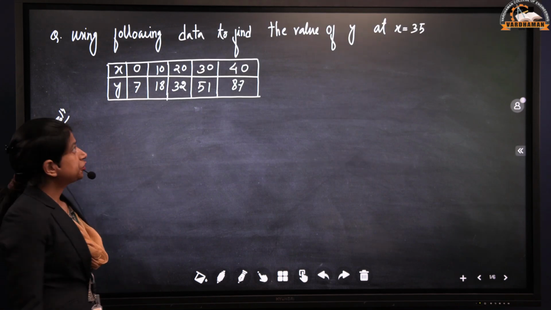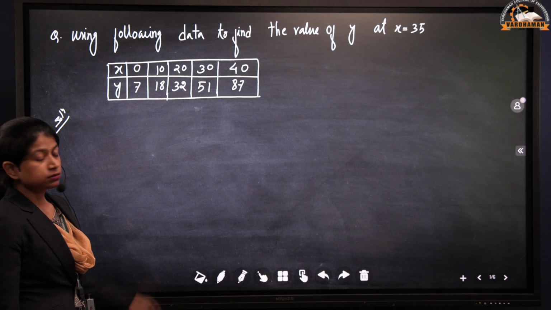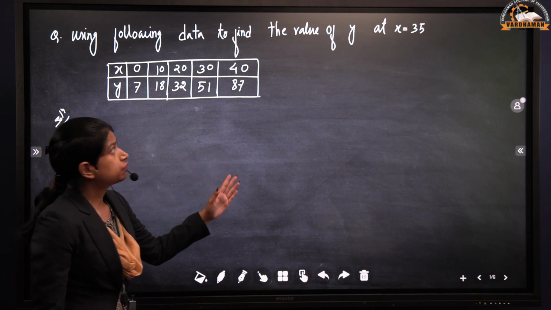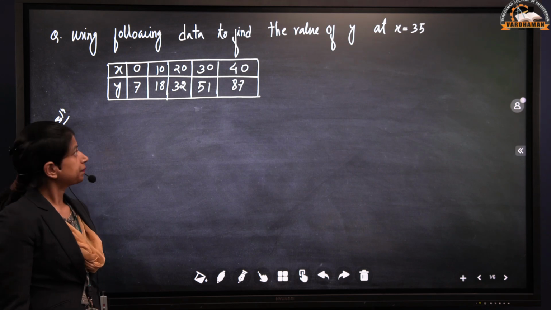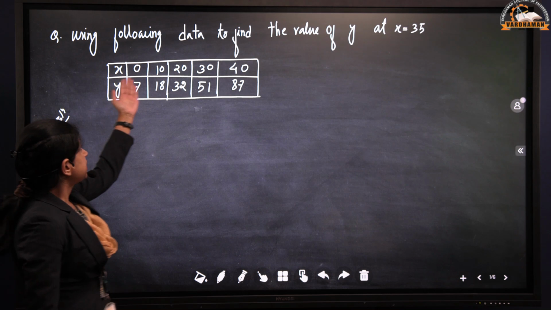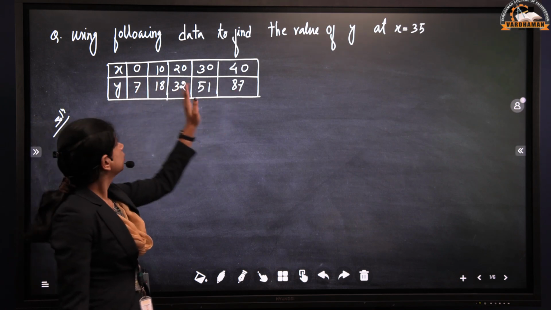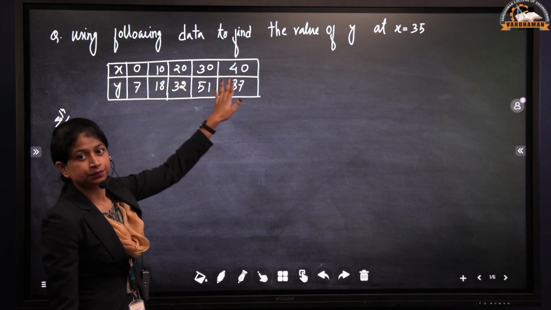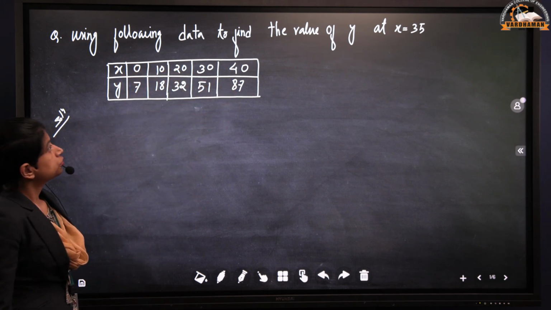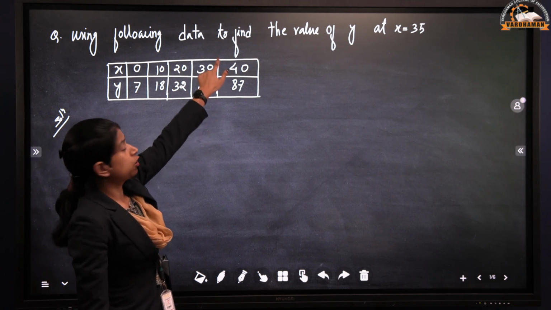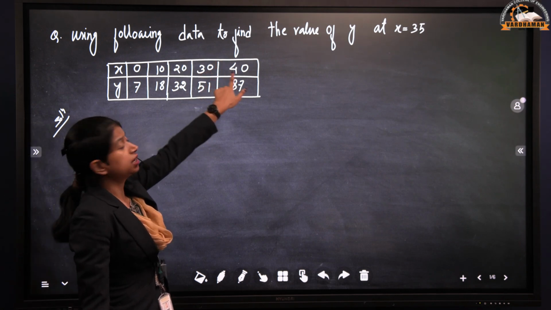Now let us do another problem where one table is given to you and you need to find the value of y at x equal to 35. Now first of all, look at this table. These x values are equally spaced, right? The difference is 10. Also, this x equal to 35, it belongs in between 30 and 40.